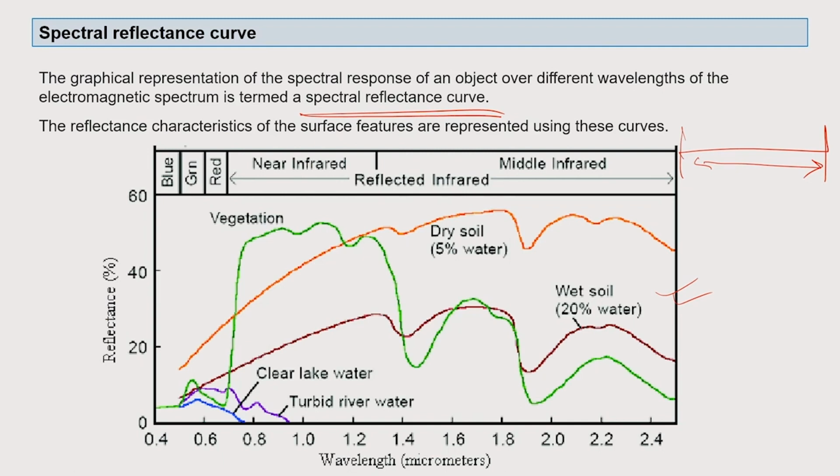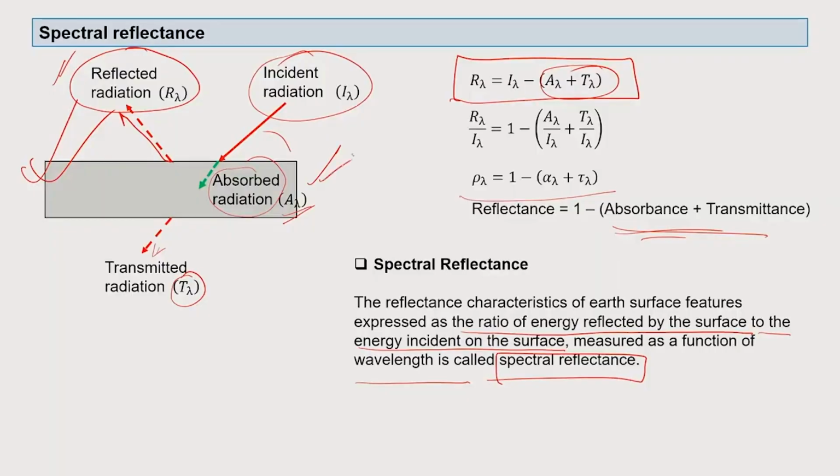as a response of an object, say plant or land or water body, in different wavelengths, a different type of electromagnetic spectrum will come, and that is termed the spectral reflectance curve. So basically it's a response after the incident electromagnetic wave comes in and strikes the object, and then you see this is the figure.